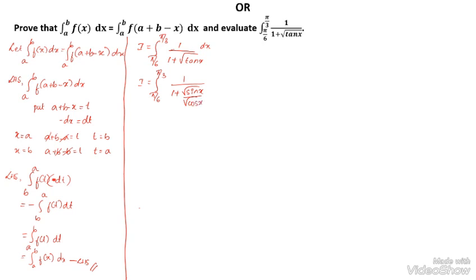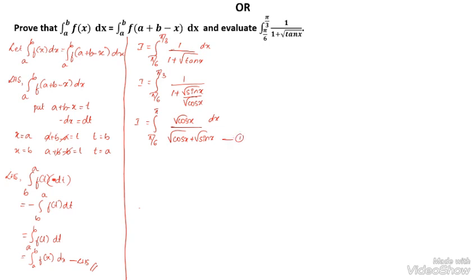Multiplying by root of cos x, it becomes the integral from pi by 6 to pi by 3 of root of cos x divided by root of cos x plus root of sin x dx. This is equation number 1.